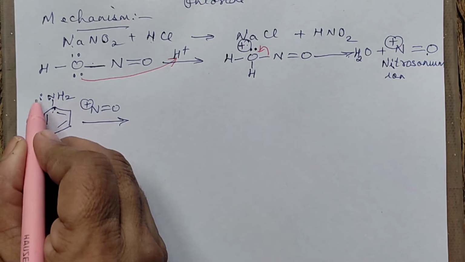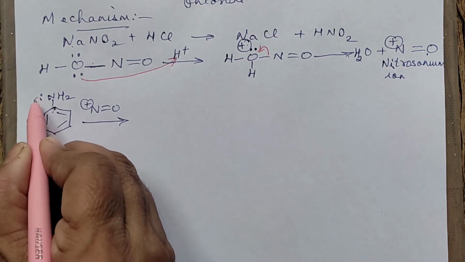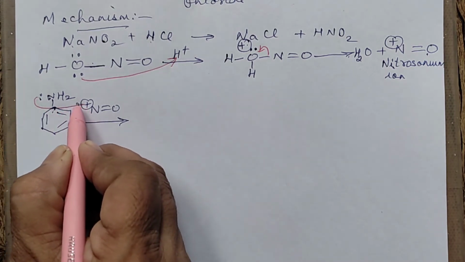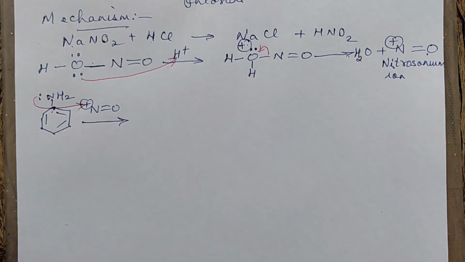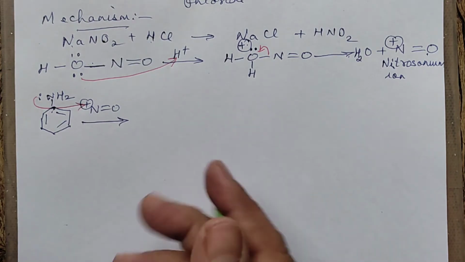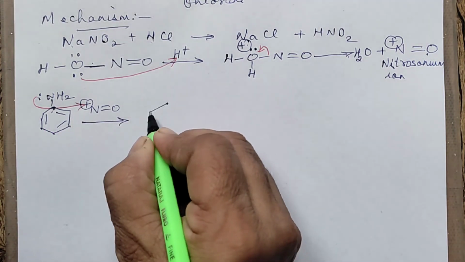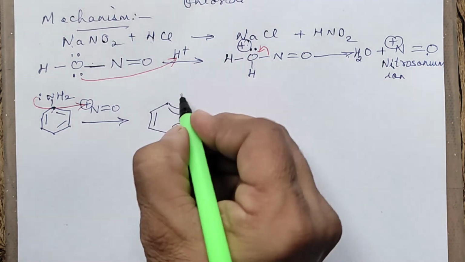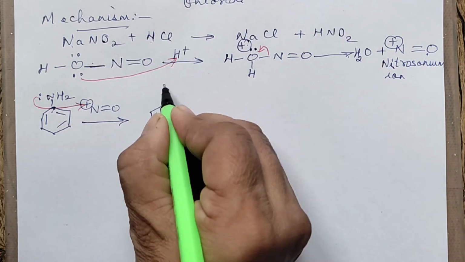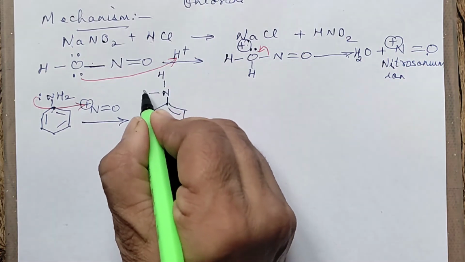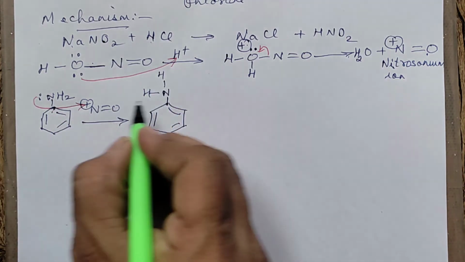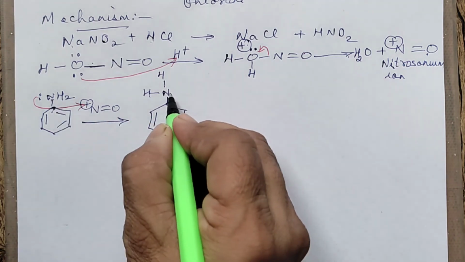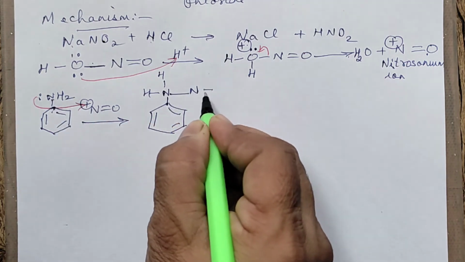So this lone pair of electrons on aniline can be given to the nitrogen containing a positive charge of nitrosonium ion, and this is going to get attached here. So in the next step, this remains as such. I'm just opening these hydrogen atoms over here. This NH2 I've opened, and onto this nitrogen one lone pair is given to this NO.